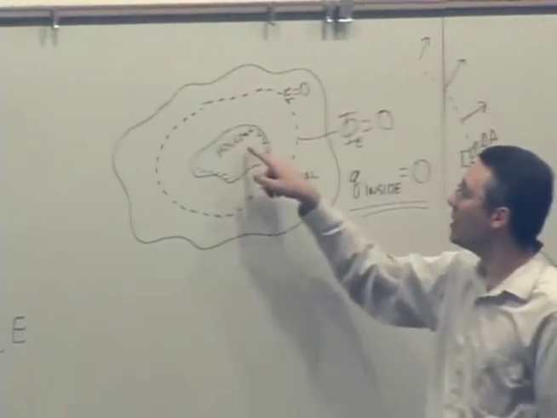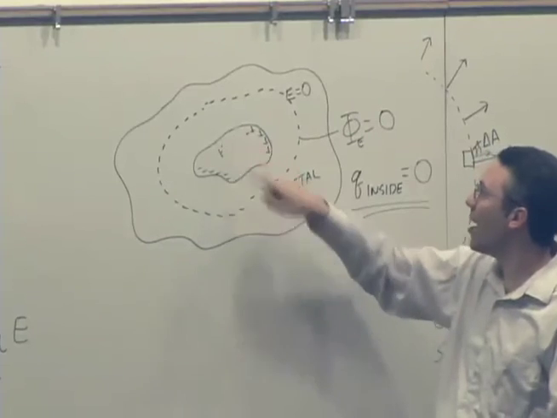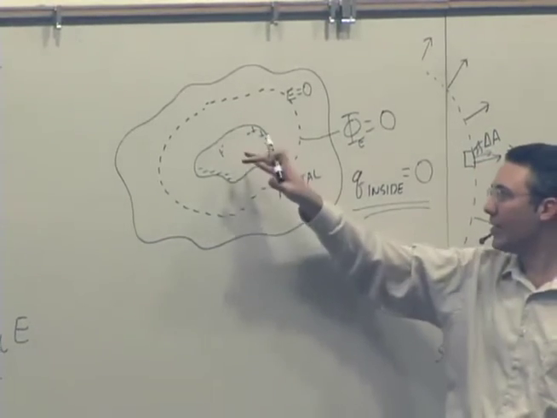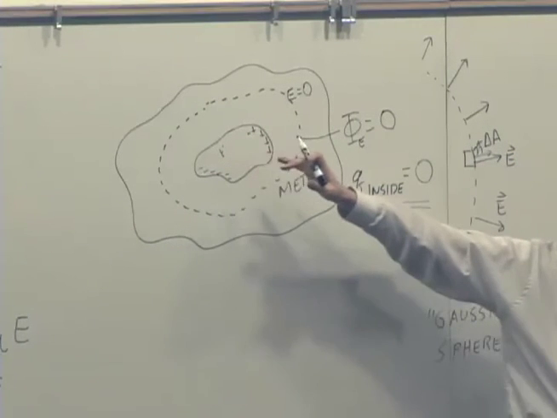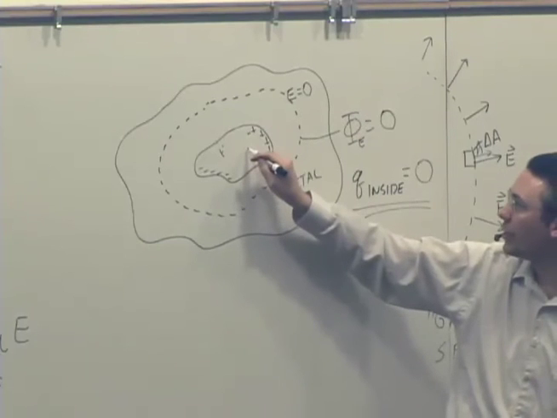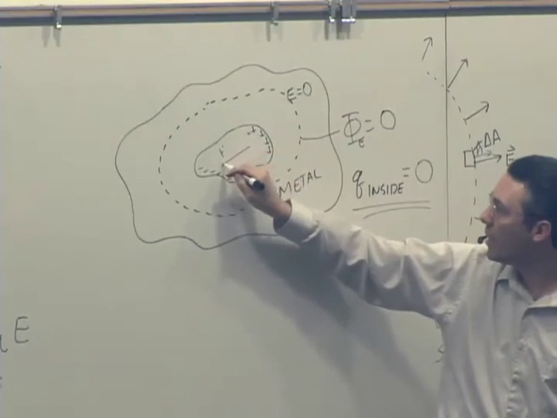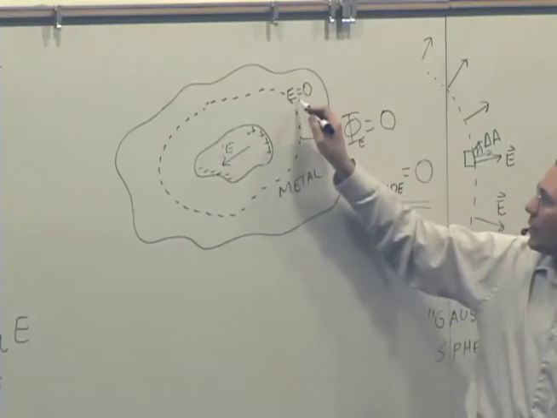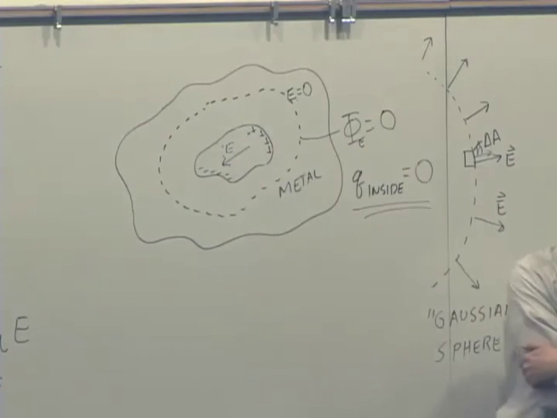If this were possible, what would I have inside this hollow cavity? I'd have a dipole, and so if there's a dipole, there's got to be an electric field. What direction would the electric field be pointing? From positive to negative. So there's an electric field in here. Electric field is equal to 0 out here. Does that cause a problem?